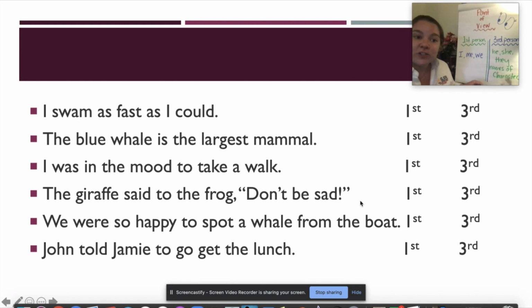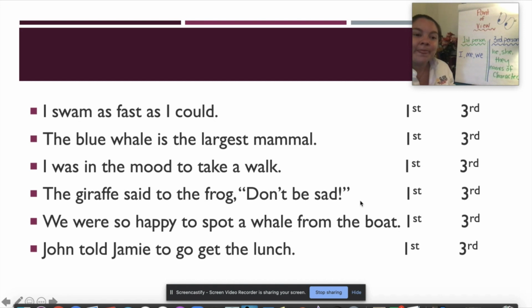So let's see our first one. I swam as fast as I could. I see a lot of one of our key words there. Do you know which one? Great, I. So I know if I'm looking at my I, I'm looking at first person.